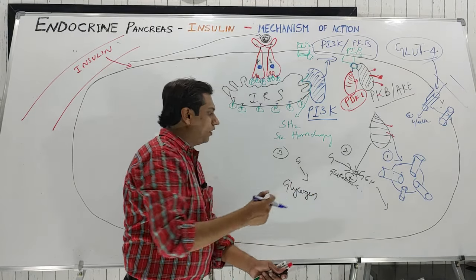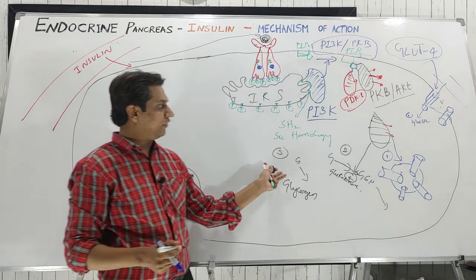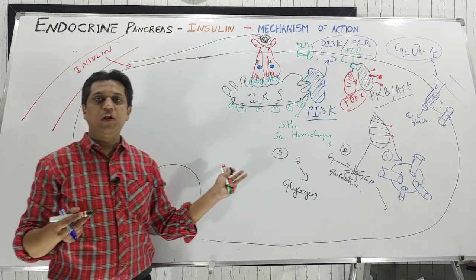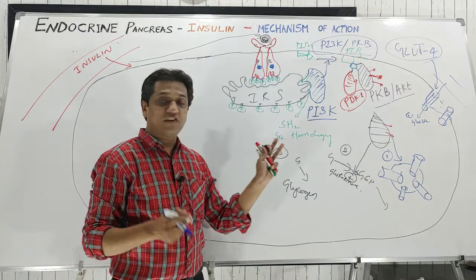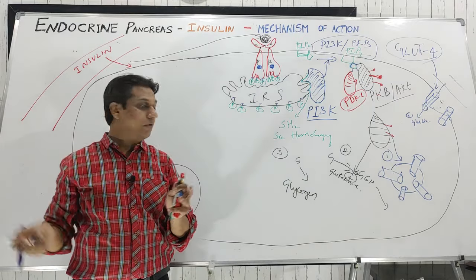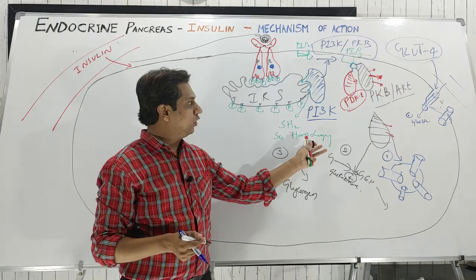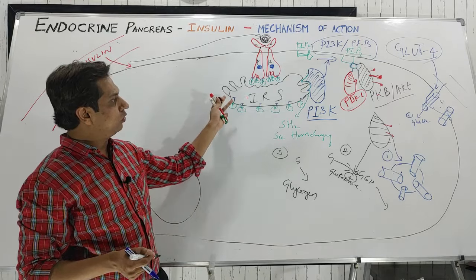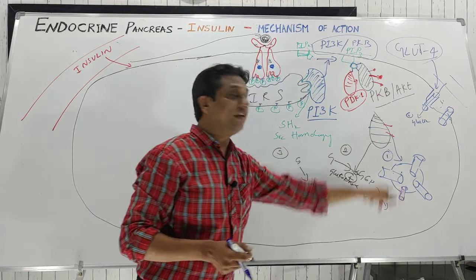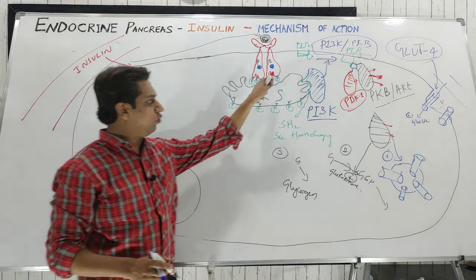How it stimulates glycogen synthase we'll discuss in the next video, on the actions of insulin on carbohydrate, protein and fat metabolism. Remember how it does this: mainly through the activated protein kinase B or AKT protein. This is one pathway.